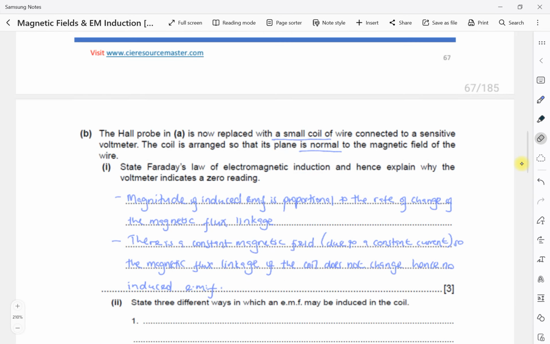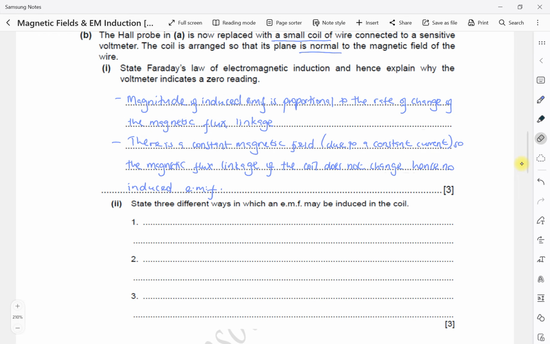Okay, so there are several ways in which an EMF is going to be induced there, and one of them is vary the current in the wire.